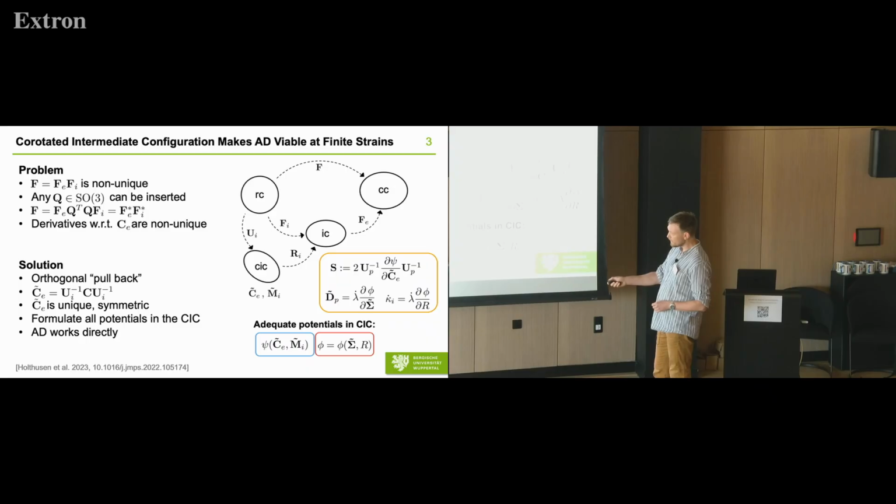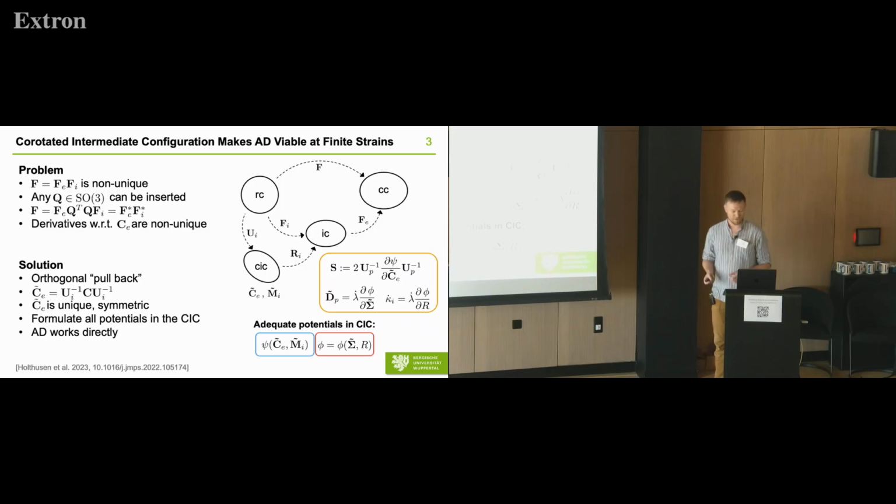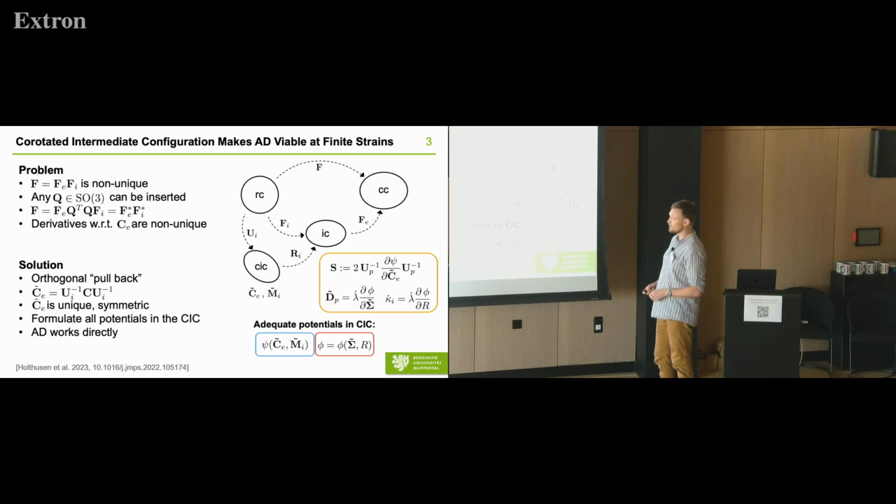And this one has the advantage of being unique and symmetric. So then we can formulate all our potentials in this co-rotated intermediate configuration and use automatic differentiation directly, which otherwise would be ambiguous to do. So this really solves the problem that you face with AD, and we want to be using automatic differentiation.